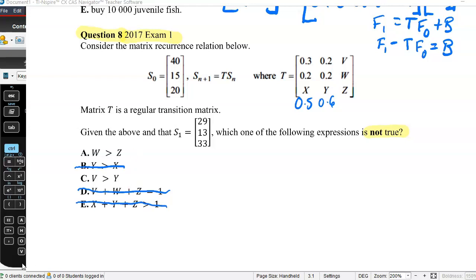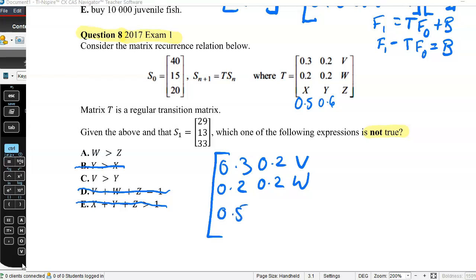How can we start to figure this out? Well, we do know that T times S0 gives us S1. And we know part of T, so 0.3, 0.2, don't know what v is yet, 0.2, 0.2, w, so 0.5, 0.6, z.